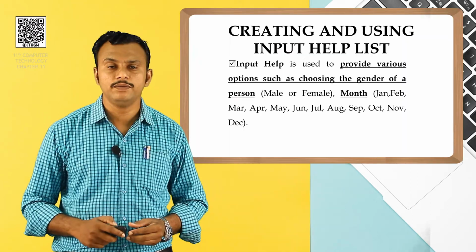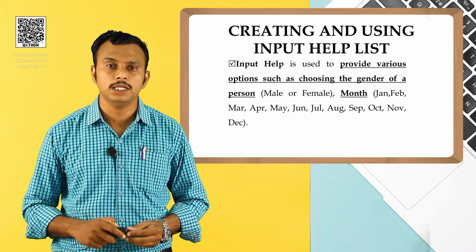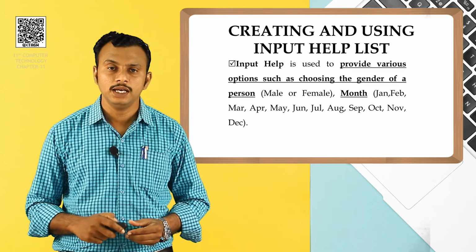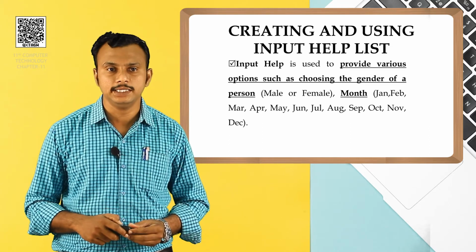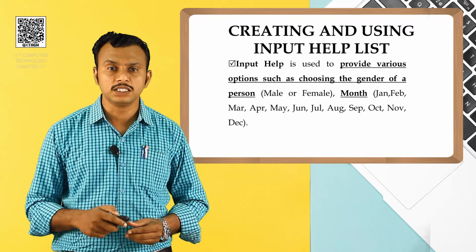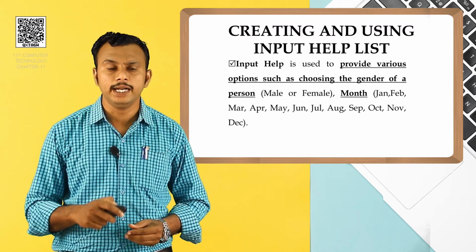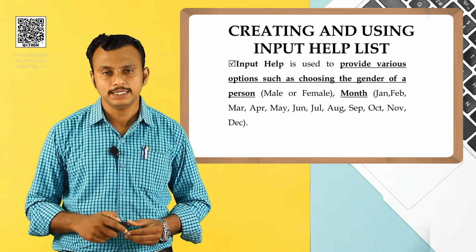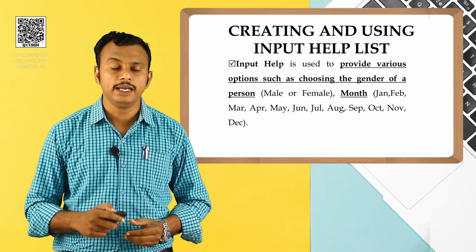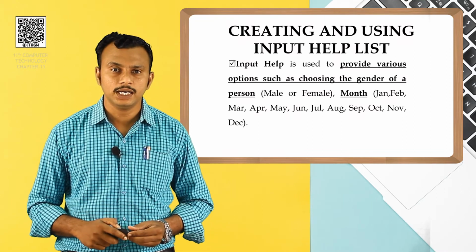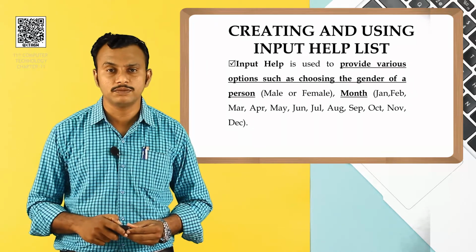Now we are going to discuss how to create and use an input help list. Whenever we are entering data in the worksheet, the worksheet will help you with the input. For example, let us take Microsoft Word.